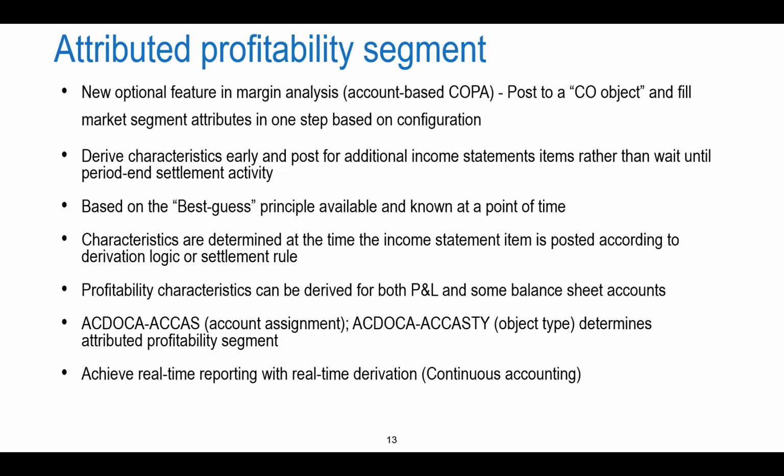I'll explain this in the system in a second. And the two fields I was referring to, account assignment and object type, determine whether it's an attributed profitability segment. Thereby, you can achieve real-time reporting with real-time derivation to accomplish continuous accounting. So that's in a nutshell what attributed profitability segment is.